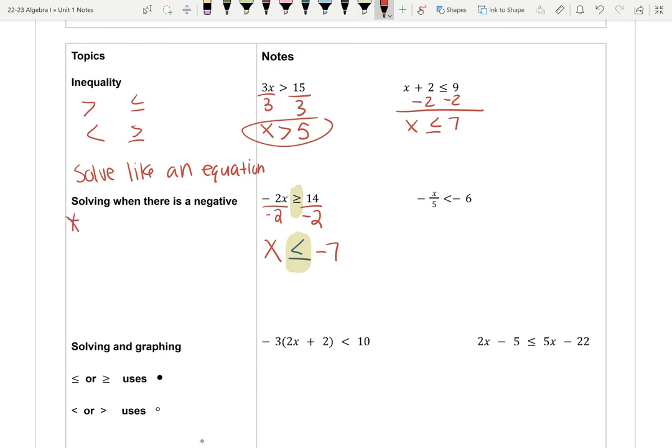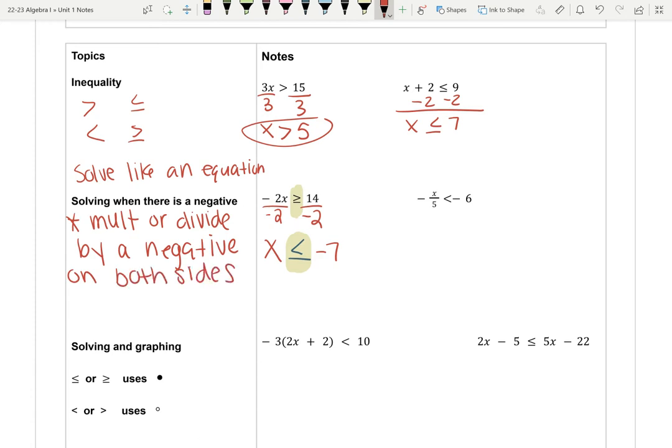So if you multiply or divide by a negative on both sides, you have to flip the sign. That's very important to remember.